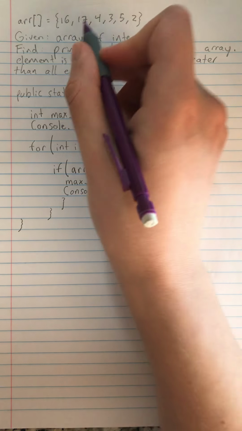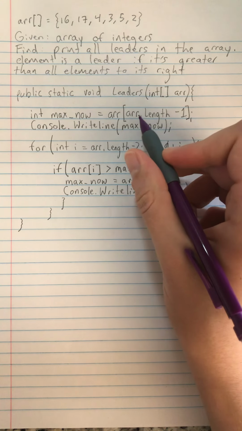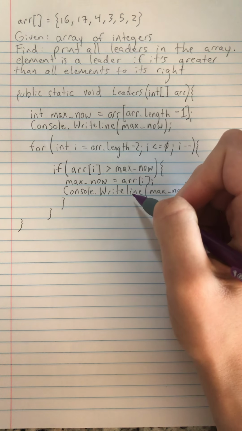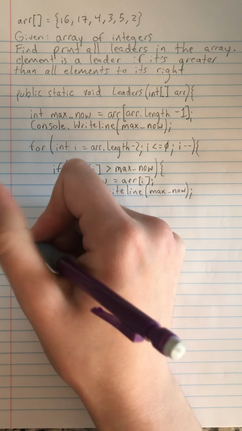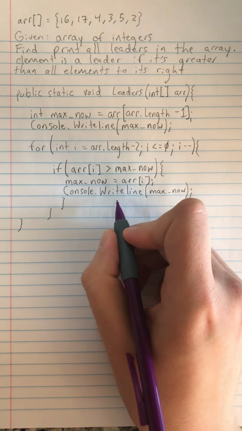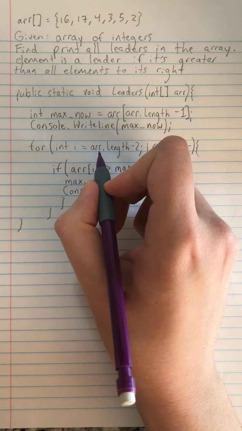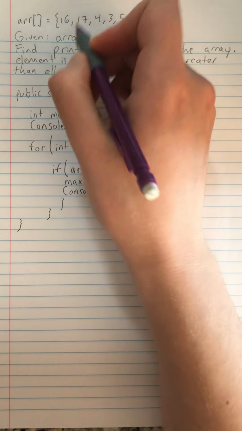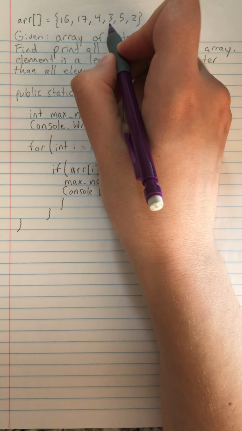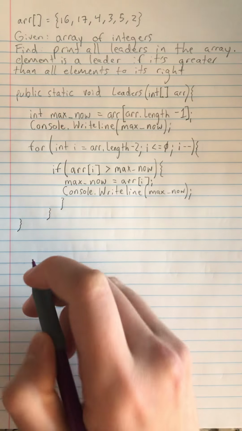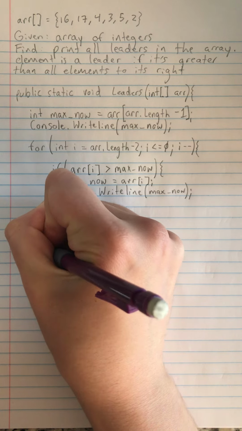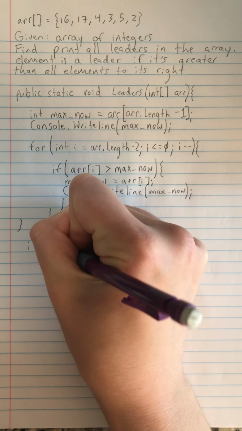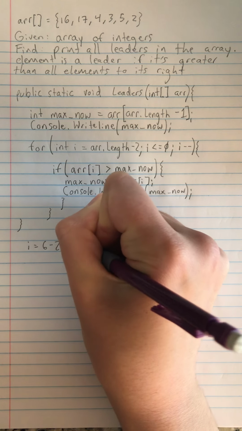So let's run this sample array through this leaders function. I is going to begin at array.length - 2. So the length of this array is 1, 2, 3, 4, 5, 6. I is going to begin at 6 minus 2, which is 4.